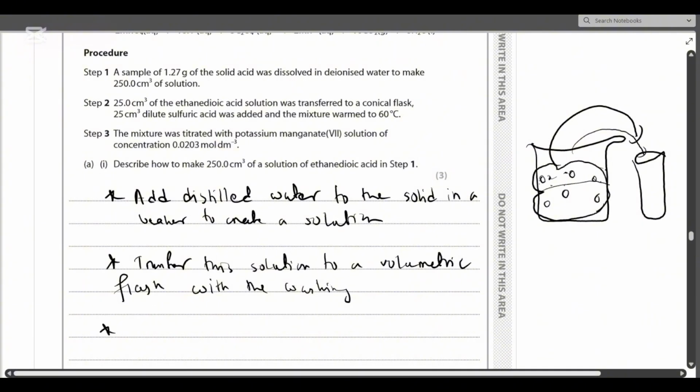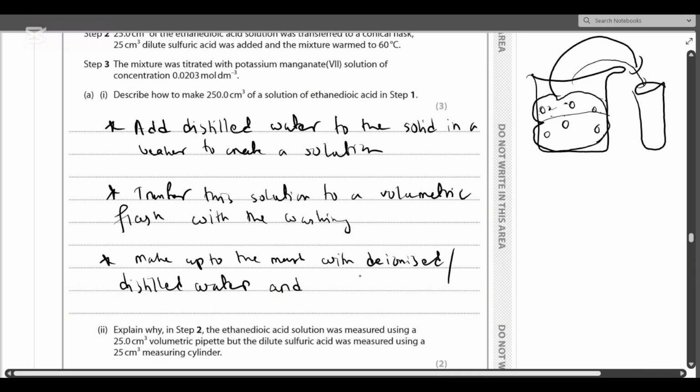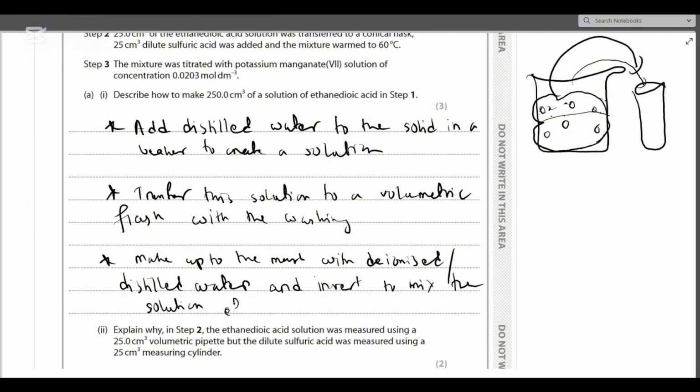And after that, the third step is that you make up to the mark with deionized, or in other words distilled water, and invert to mix the solution effectively.